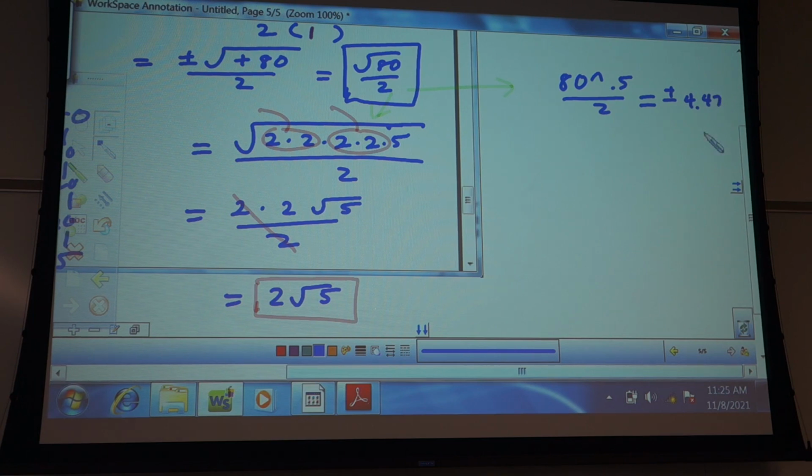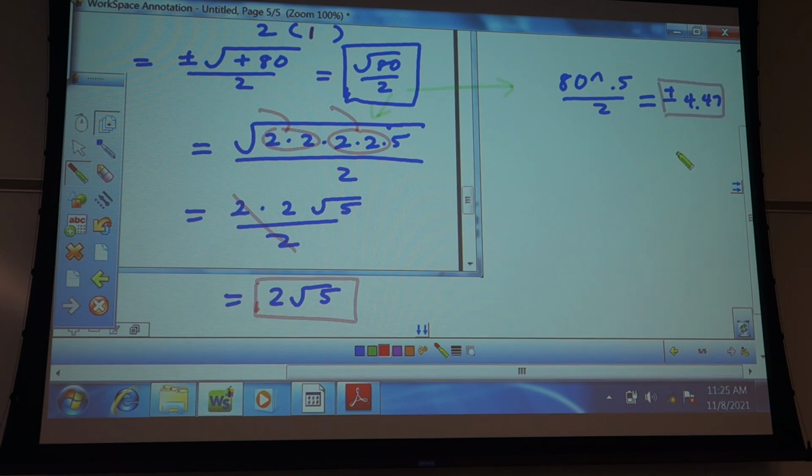And I'm going to be okay with either one of them. Raising it to the 1/2 power is square rooting it. So when I do the square root of 80, it's not 8.9 yet, because then you're going to divide it by 2. So you go all the way down, then you divide by 2.